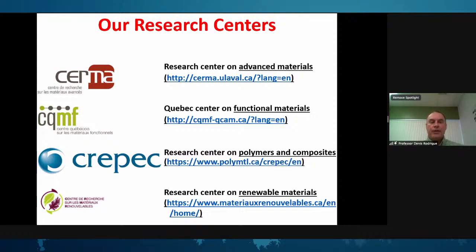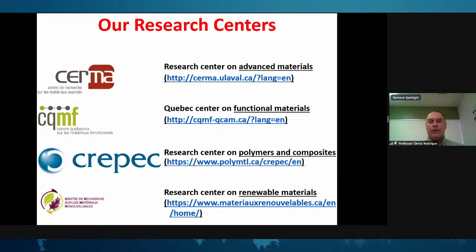And we have the CRMR, which is the Research Center on Renewable Materials. So all of these research centers have different objectives, more on the experimental side or more on the industrial side, but all of them include materials in general. And in our case, it's mostly polymer-based materials that we are looking at.